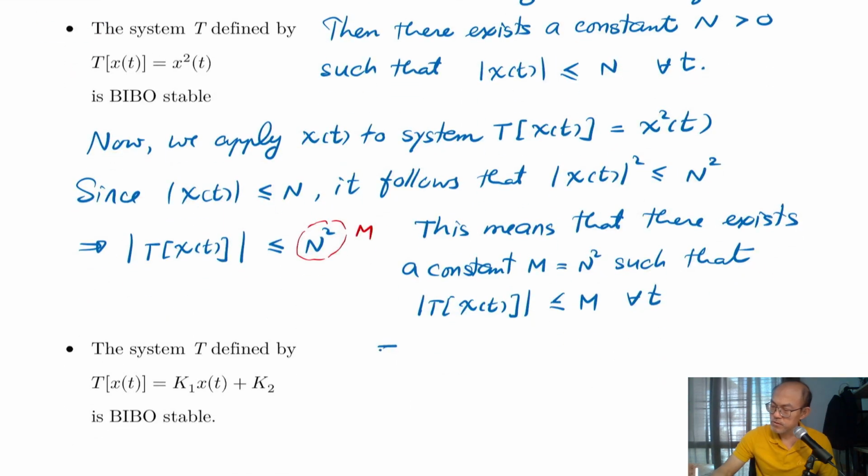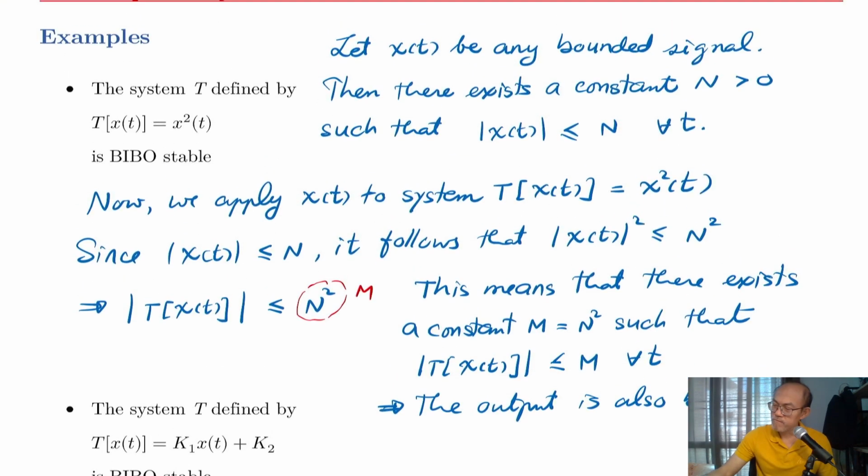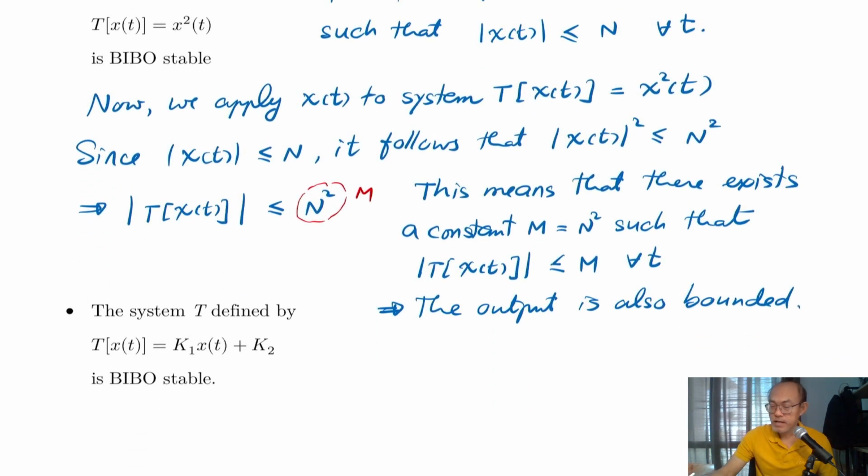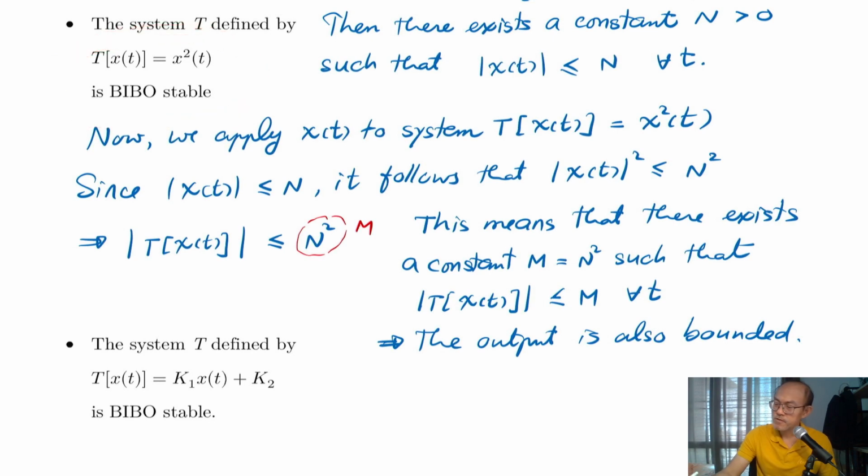So the output is also bounded. So up to now we have shown that for any bounded input signal, the output is also bounded. So this system is BIBO stable.